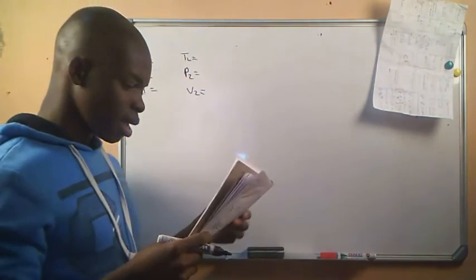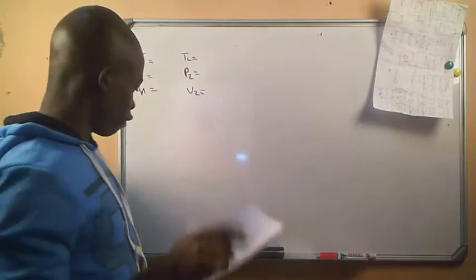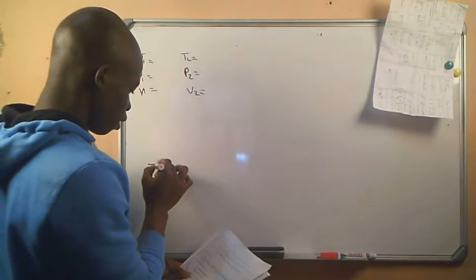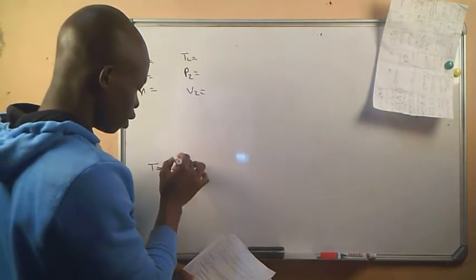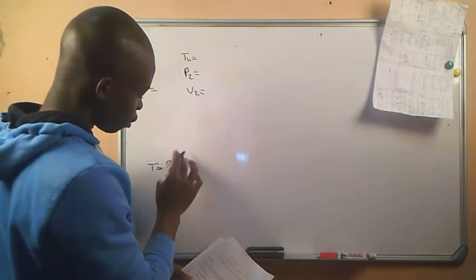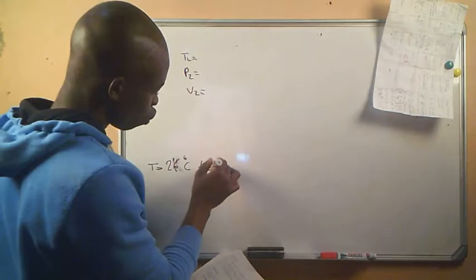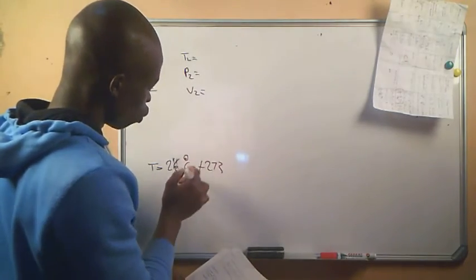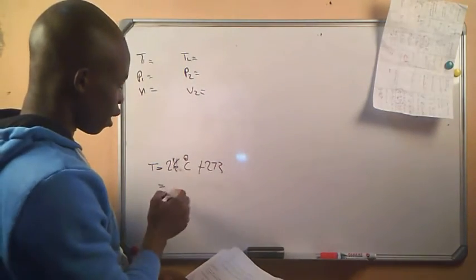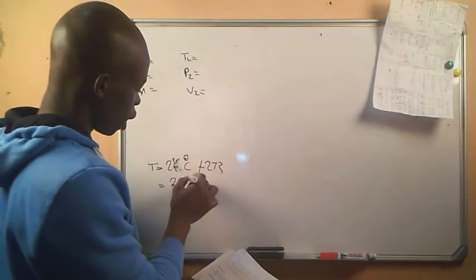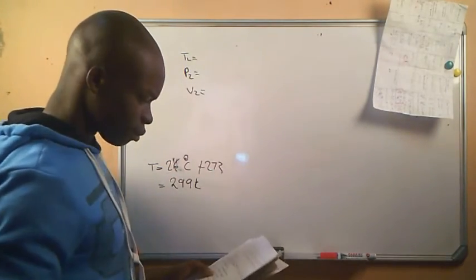They say a gas at a temperature of, our temperature is given in degrees Celsius, 26 degrees Celsius. Then we add 273 to make sure we have a temperature that is in Kelvin. Then we get 299 Kelvin.